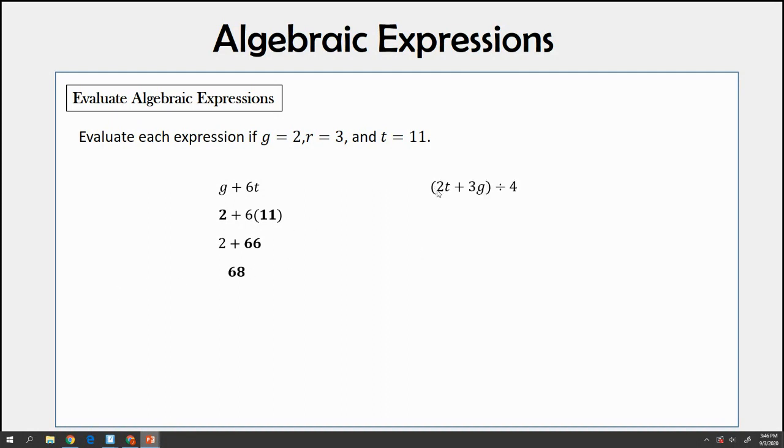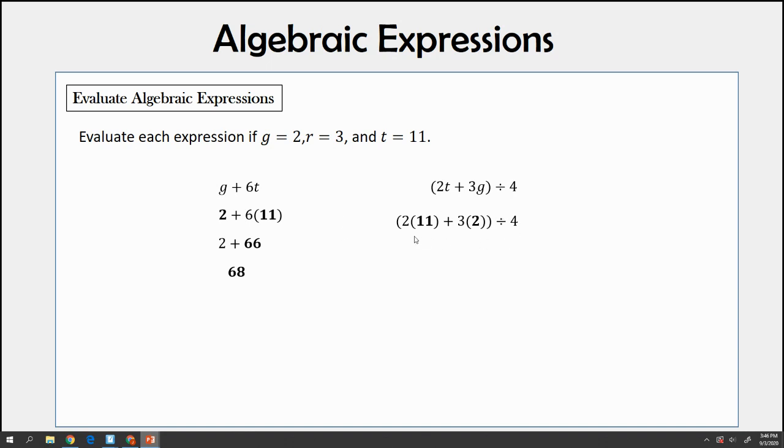Come over here. Different one now. 2 times t plus 3 times g, divided by 4. So parentheses here, I've got to get this to be a single answer. Got to work it down to one number, and then in the end divide it by 4. That's what the grouping symbols do. Let's go ahead and substitute in. So t is 11, g is 2. I had r up here, didn't even use it.